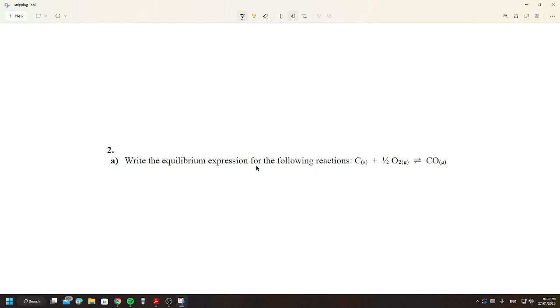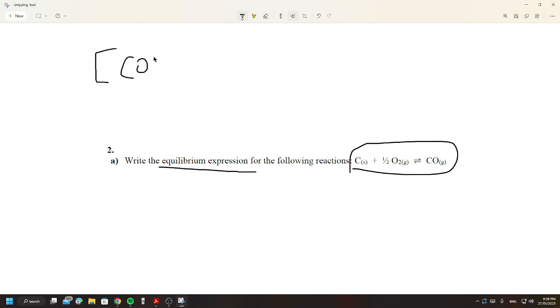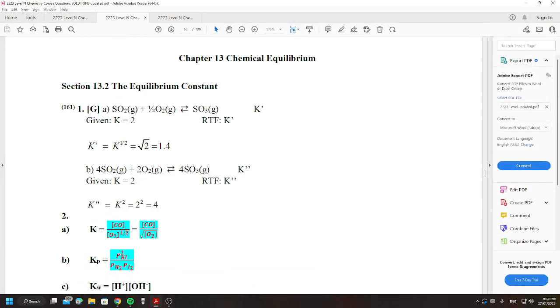Therefore, the equilibrium expression for this reaction is just going to be the concentration of CO over O2 to the power of half. So either to the power of half or radical O2, both work.